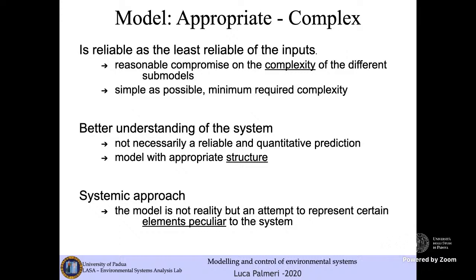Okay, an appropriately complex model will provide a better understanding of the system, meaning that your model will not necessarily be reliable in quantitative prediction, but you are more focusing toward a model with the appropriate structure, a model which includes all the aspects that you, the modeler, have decided are relevant for the description you want to implement.